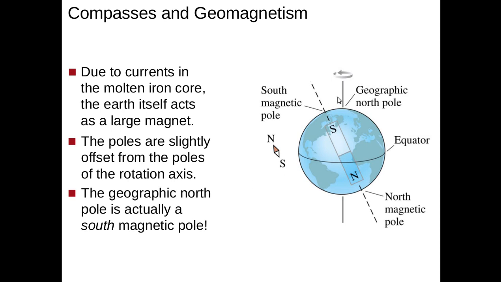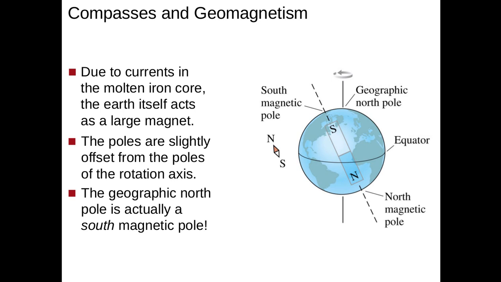So the Earth is basically a large magnet. The theory is that it's due to the current generated by the molten material flowing deep inside the Earth. And we'll talk later about how a current generates a magnetic field, but that's the theory behind why the Earth behaves like a magnet.